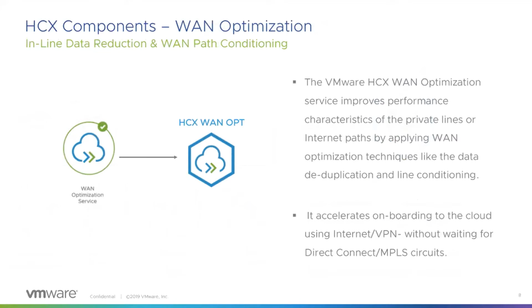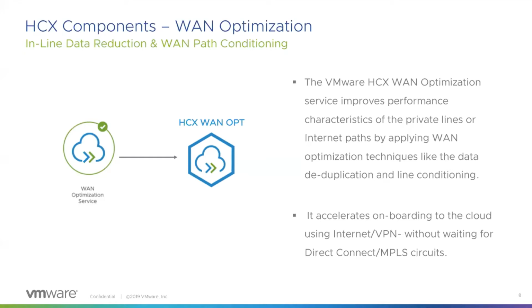The next appliance that comes and ties very closely with WAN Interconnect is the WAN Optimizer. The WAN Optimizer works very closely with the WAN Interconnect. The primary functionality that WAN Optimizer provides is data deduplication, compression, and also line conditioning. So mainly these three things. Now, as we'll see in the demo as well as in the following slides, WAN Optimizer does not require any IP address.